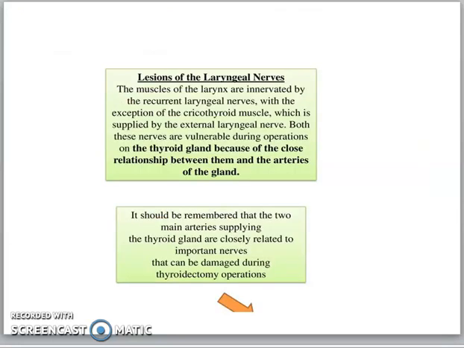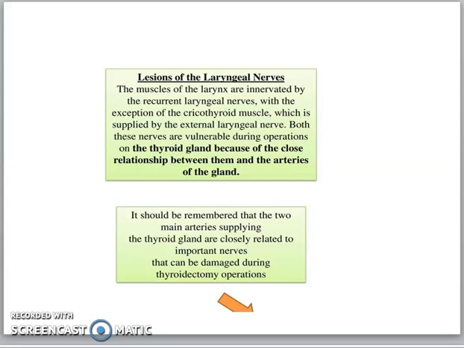Okay, assuming there is a lesion of the laryngeal nerve. Remember, the muscles of the larynx are innervated by the recurrent laryngeal nerve, with the exception of the cricothyroid muscle, which is supplied by the external laryngeal nerve, whereas every other muscle of the larynx is supplied by the recurrent laryngeal nerve.